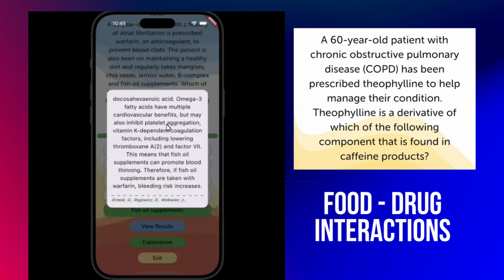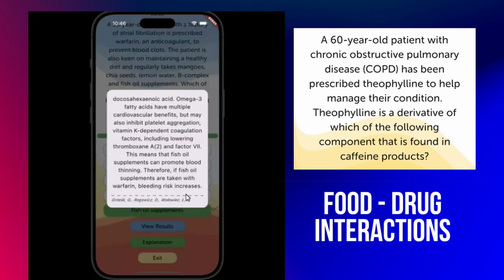This means that fish oil supplements can promote blood thinning, right? Therefore, if a patient on Coumadin, an anticoagulant, is taking fish oil supplements, they are at higher risk for bleeds.